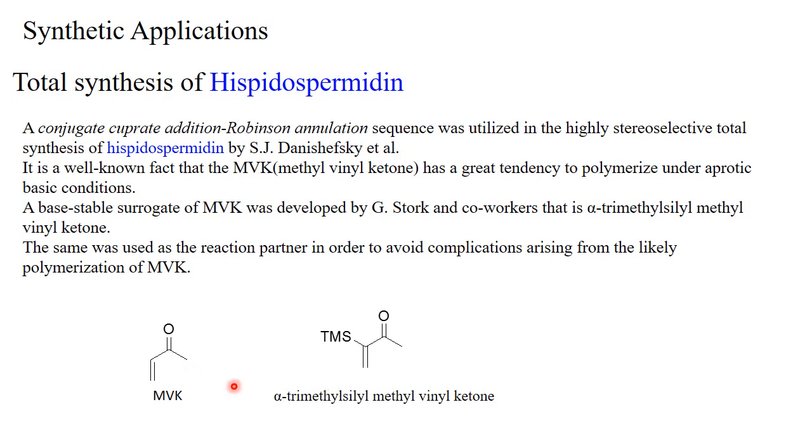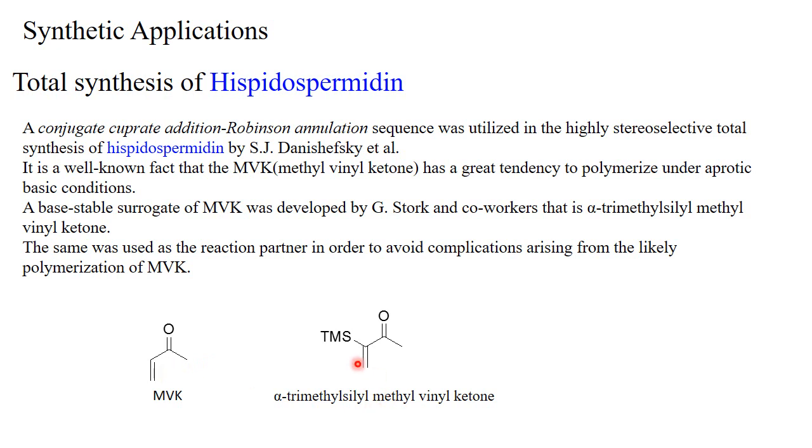So this is the drawback of methyl vinyl ketone, that it has a tendency to polymerize under aprotic basic condition, and this is the important partner which is required to prepare an intermediate for the histidospermidine. Therefore, its use as a partner for the Robinson annulation reaction is avoided.